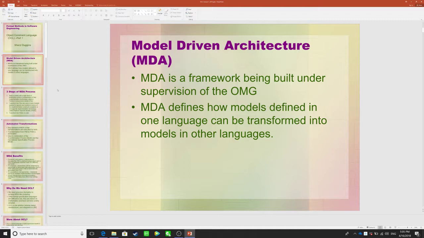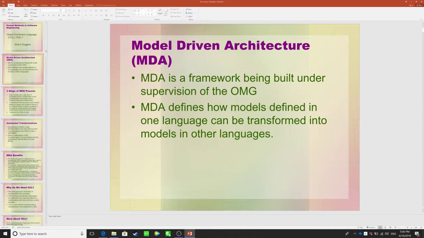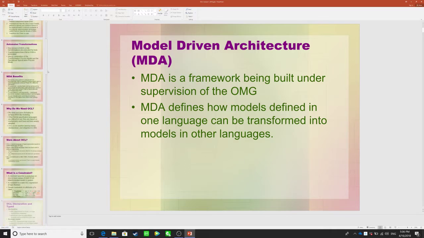They cannot easily convey all the specifications to the other stakeholders or to the system. So that's why we have this OCL, which follows the idea of model driven architecture.